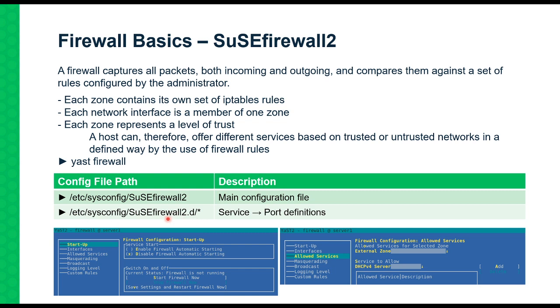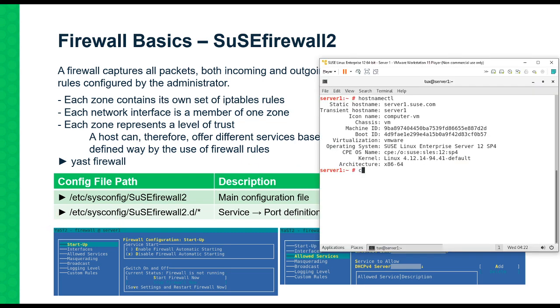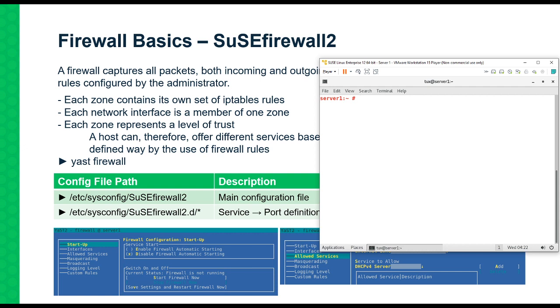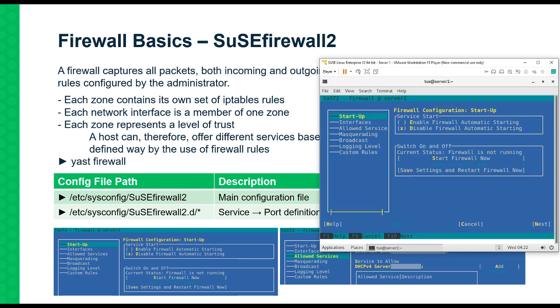Alright, let's have a look at our practicals on that. Open up your server. I'm going to clear our screen first, and we're going to do a yast firewall. So this will open up the firewall directly. In my case, the firewall is disabled.